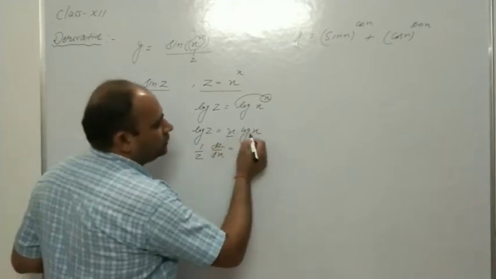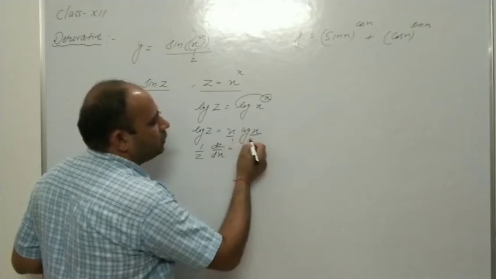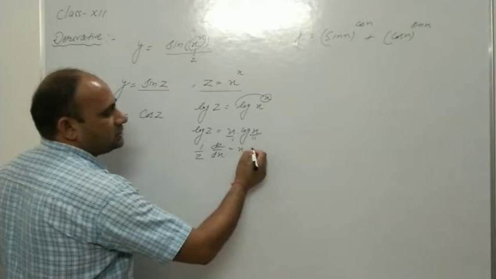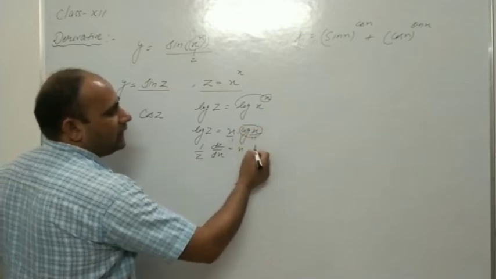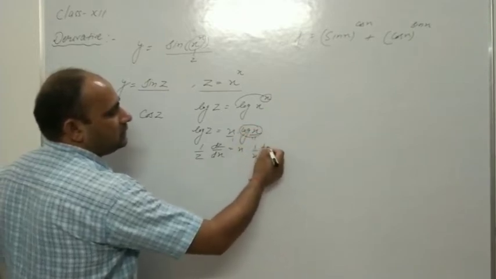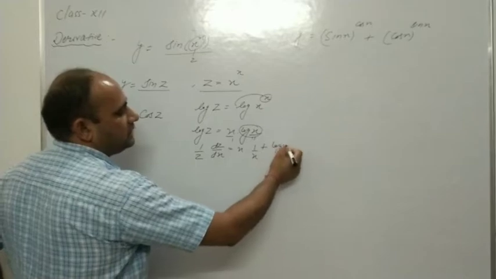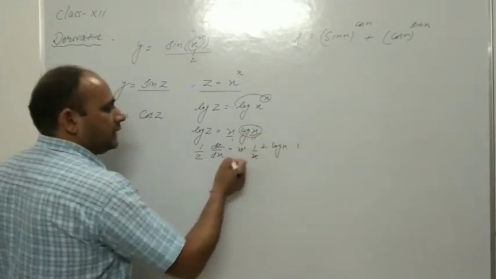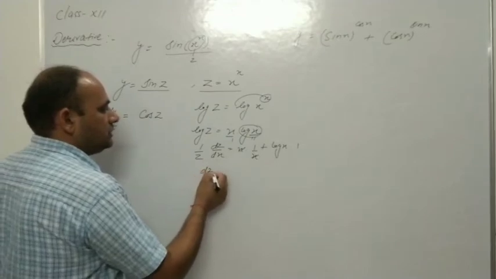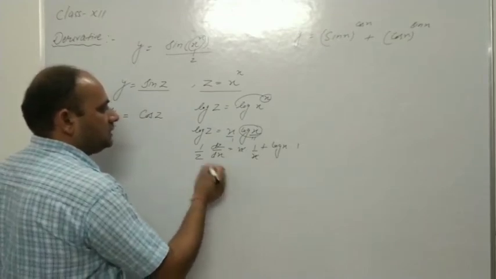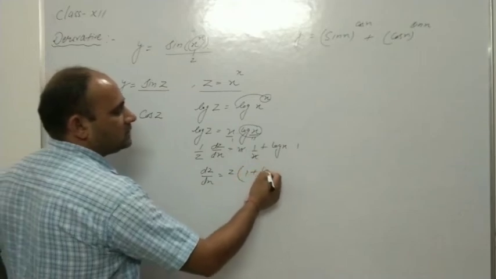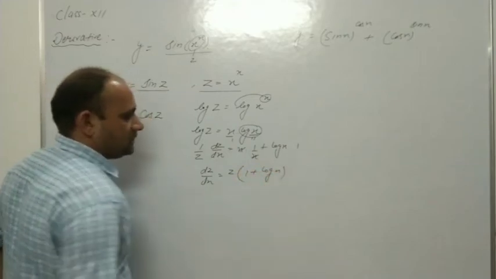Here there are two functions, so we will apply the product rule. Now x as it is, derivative of log x is 1 by x, plus log x as it is, derivative of x is 1. The x cancels, so dz by dx is z multiplied by (1 plus log x).